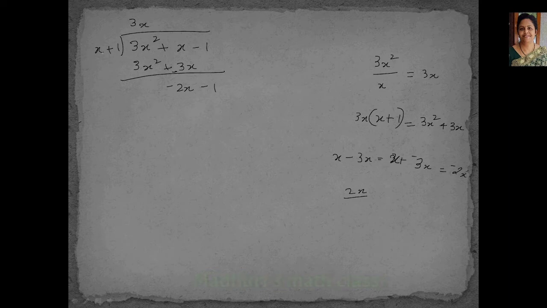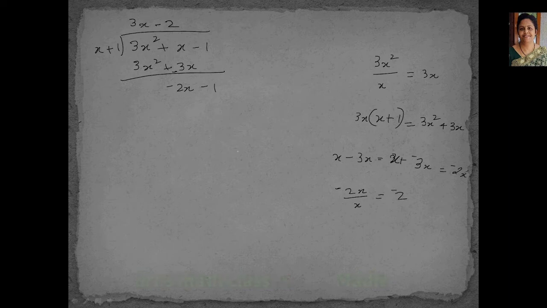The first term of the divisor is x. So we will divide negative 2x by x. Negative 2x divided by x, you will get negative 2. Now negative 2 is the second term of the quotient.